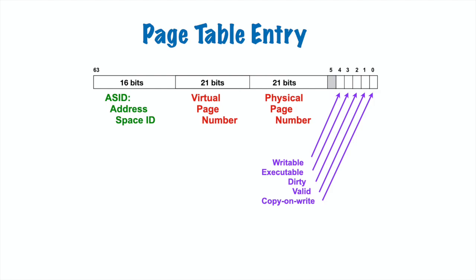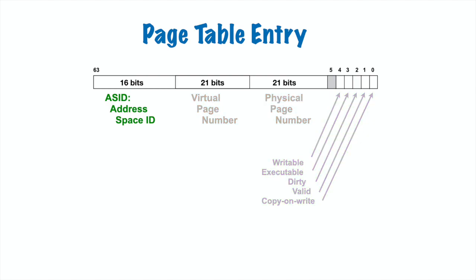The TLB registers can be thought of as a cache of the most recently used page table entries. But unlike a memory cache, these registers are saved and replaced in software and not in hardware whenever a page fault occurs. Here is the form of the data kept in a TLB register.